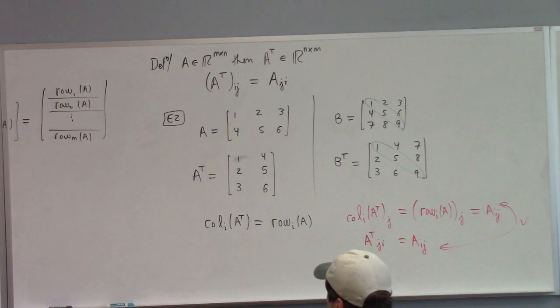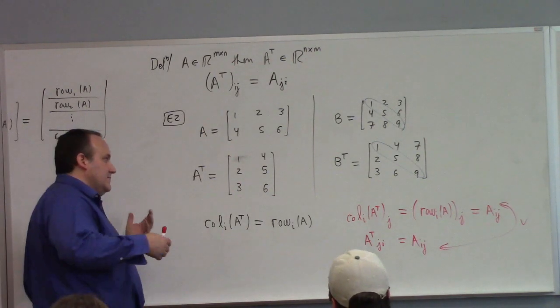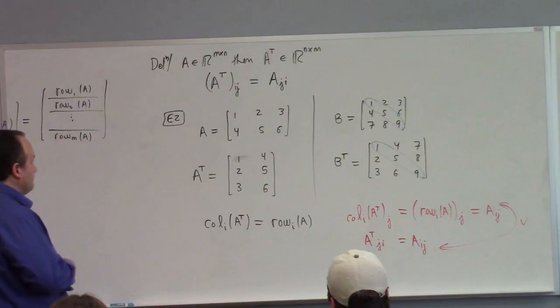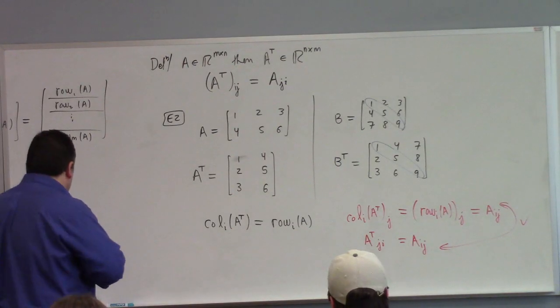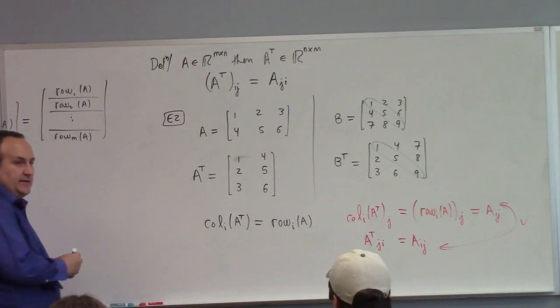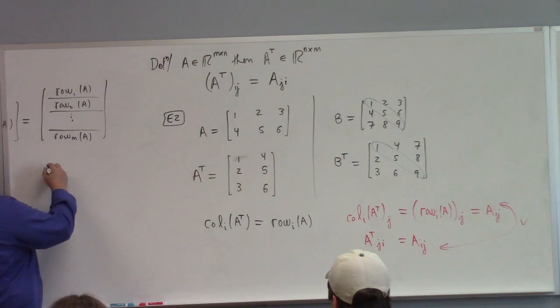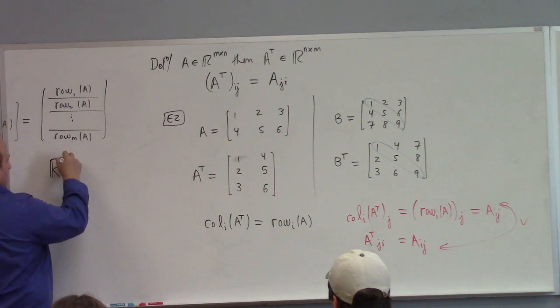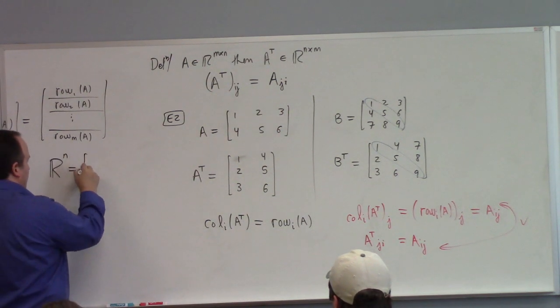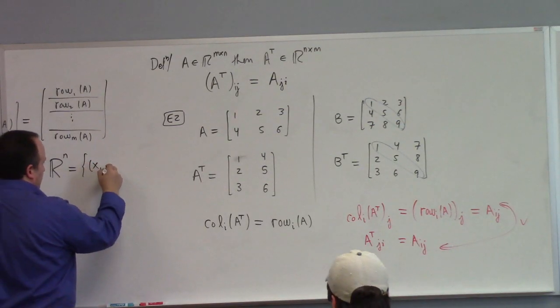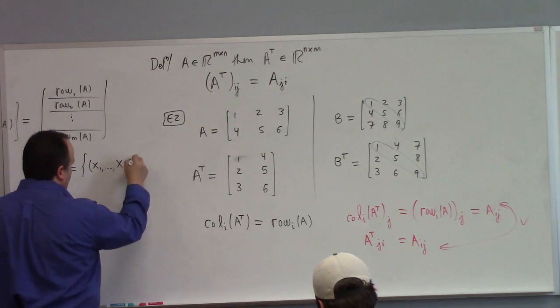And I like what you said about reflecting across the diagonal, but there's more than that. So as a point of notation, guys, I need to make something clear. We talk about R^n in here. In R^n, my notation is something like this, (x1 through xn), all right?